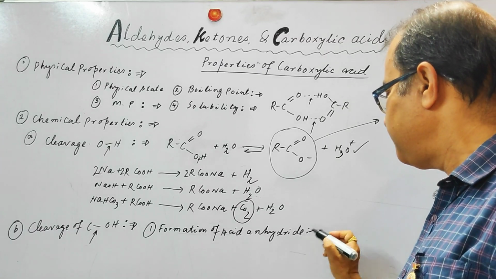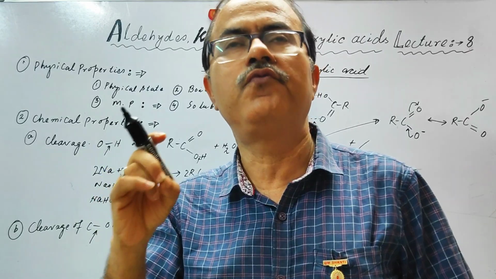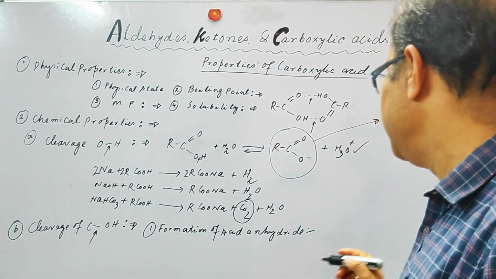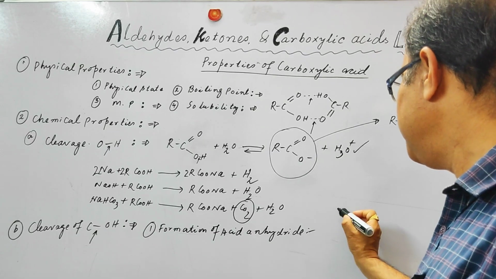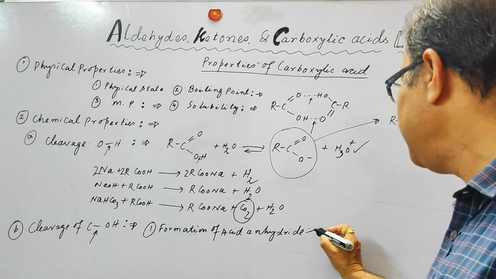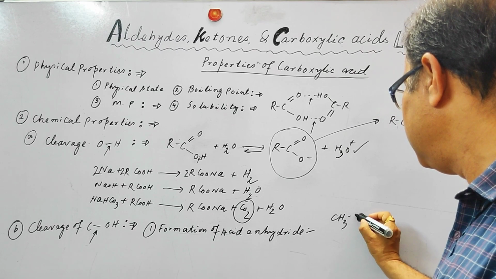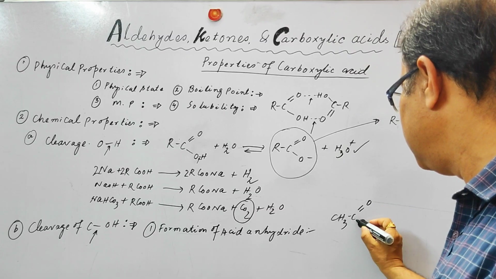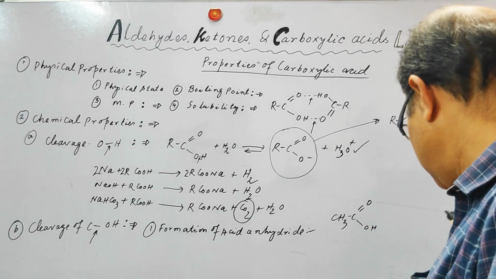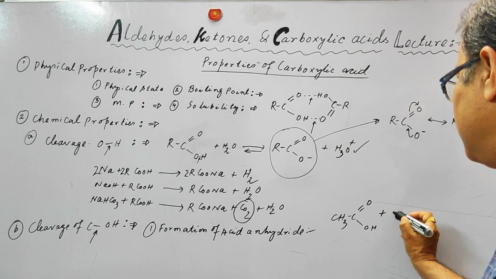In the presence of P2O5, a dehydrating agent, or H2SO4, it is going to produce the acid anhydride. As for example, this is ethanoic acid, and one molecule of ethanoic acid will react with another molecule of ethanoic acid.